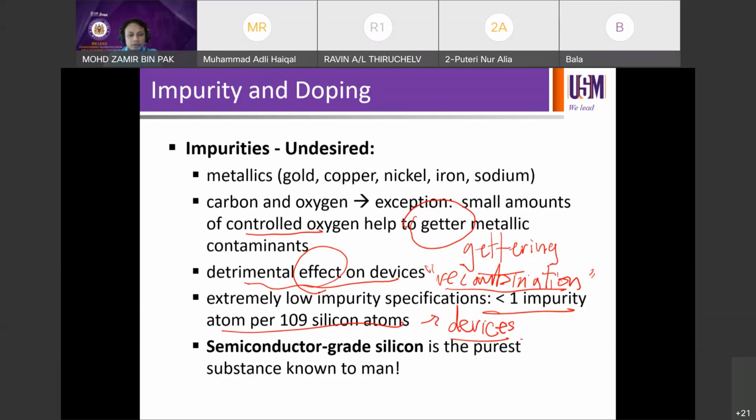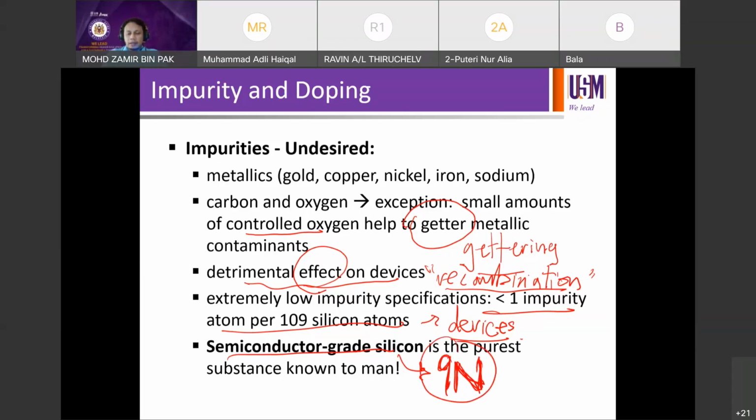For example, semiconductor grade silicon is what we discussed yesterday, about 9N. So the purity of 9N. So remember, what is 9N that we discussed yesterday? What does it refer to? Anyone? Yes, 99.9999999, nine nines, right? So this is called semiconductor grade silicon.